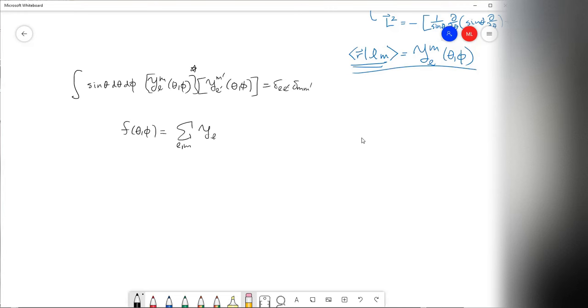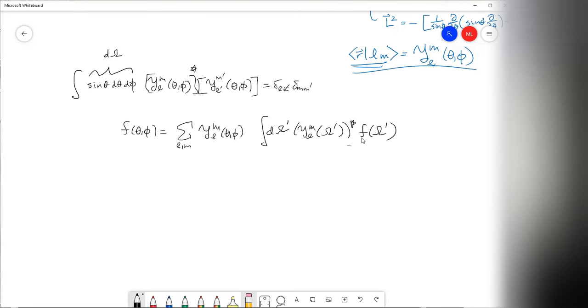So these are the Y_LMs of theta phi, and then each coefficient would just be an integral. It's often convenient to denote all of these angles by a d omega, because you don't want to keep writing out all the angles. And these coefficients would be the integral of d omega prime of Y_LM of omega star times f of omega prime.